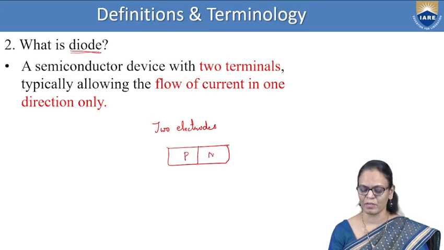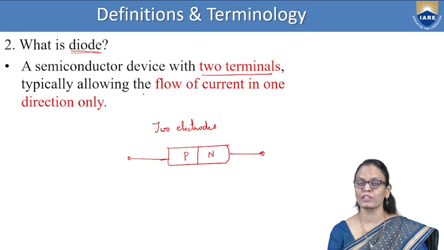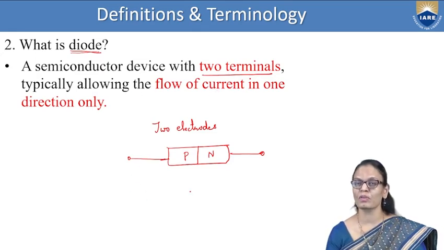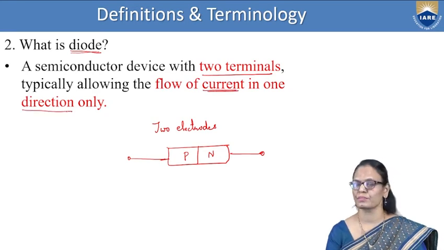P and N. We will have 2 terminals, one on this side and one on the other side. Suppose we do the forward bias, then you have the flow of electrons from the N type to the P type. So the flow of current is only in one direction.